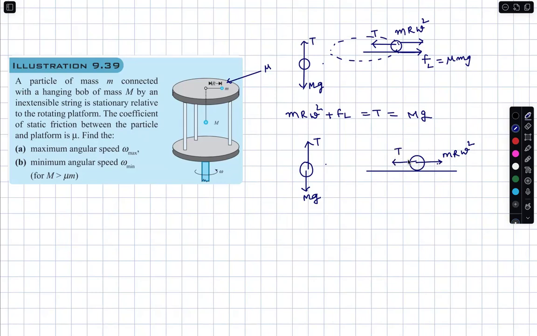But there is one change now: friction takes the reverse direction. Why? Static friction is self-adjustable. So now it takes a form like this. This comes under minimum, and what I discussed earlier comes under maximum. That is T plus f_L, which is mg plus mu m. Right.